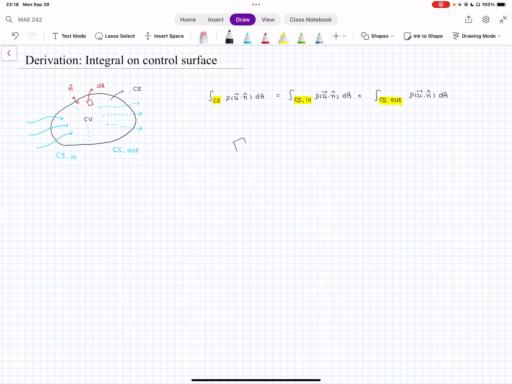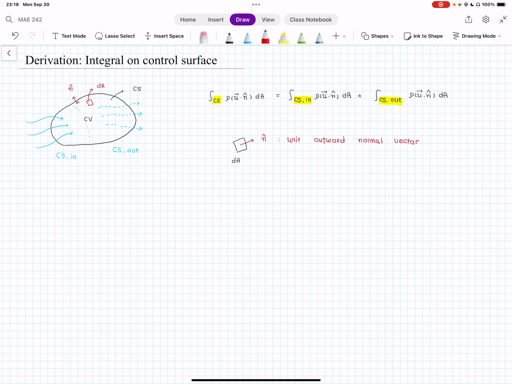So we have this infinitesimally small area, and that's why we have a d operator in front of A. Again, we want to use this unit outward normal vector n hat. So this characterizes this infinitesimally small element.